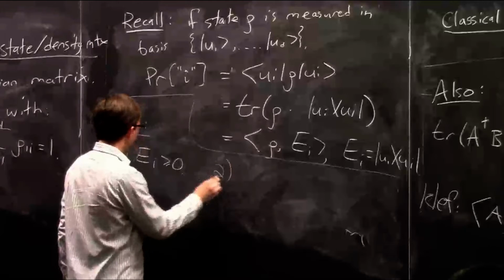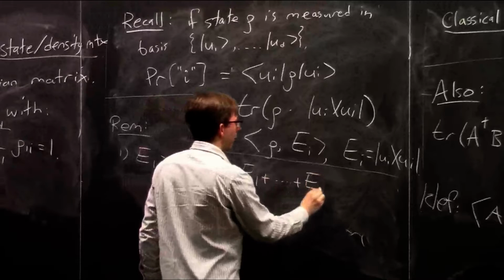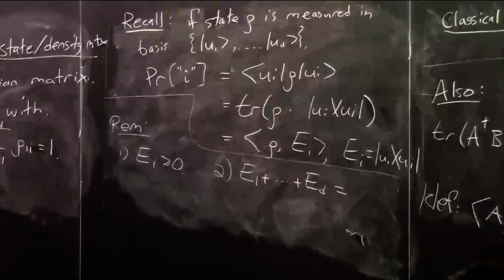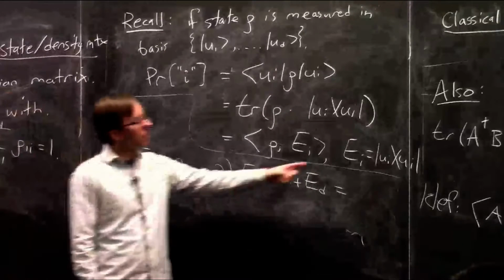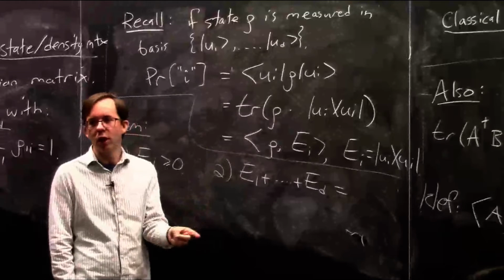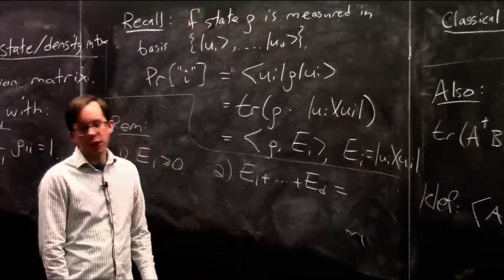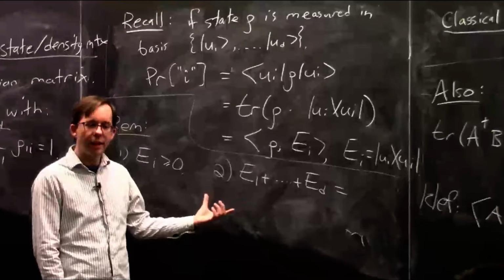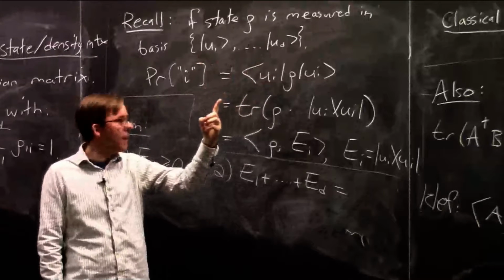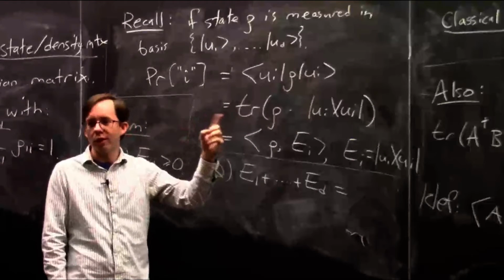And also, this one's a little bit funny, but E1 plus dot dot dot plus ED is, well, the sum of matrices whose operation is to project onto the ith direction, UI. And so if I add these all up, what operation does it have? It's the identity, because for any vector, you can write it in this basis, and then this sum of projections will just stretch it by factor 1 in each of the directions.